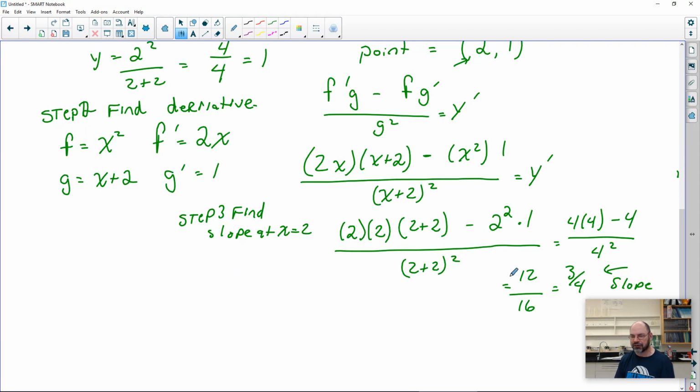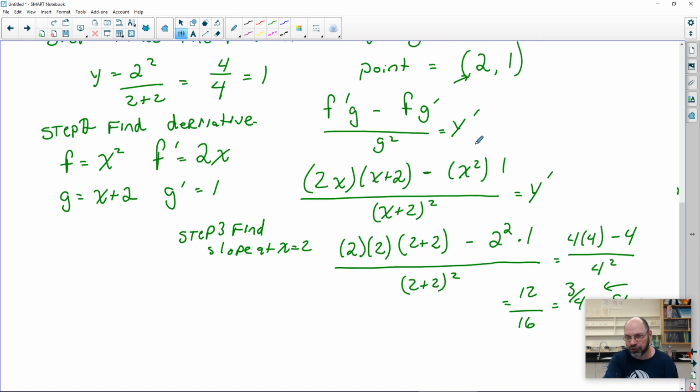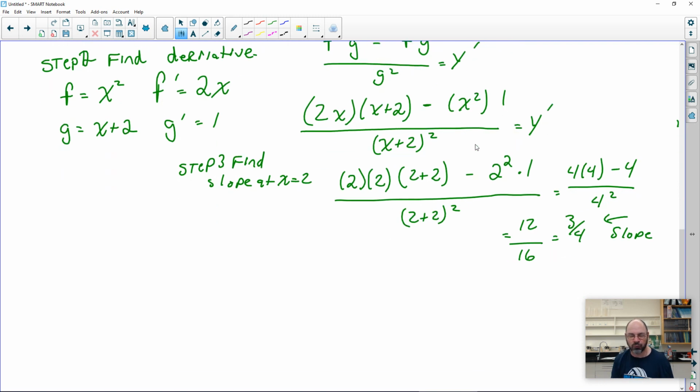Okay, so now we have our slope and our point, and this is where I messed up previously, so let's keep an eye on that. We got 2, 1: 2 for x, 1 for y. So last step, step 4, use the point-slope line equation.